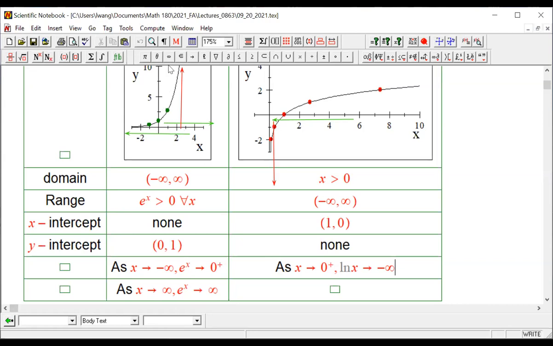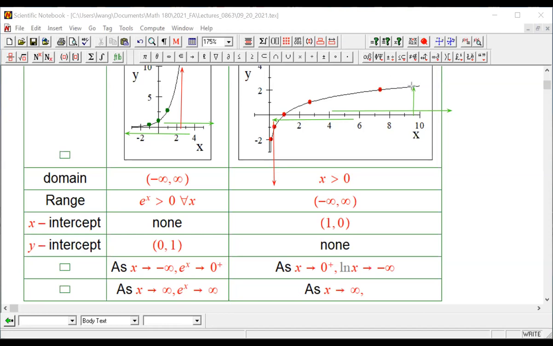And of course, as x approaches positive infinity, what happened to ln x? As x is getting larger and larger, the output is getting higher and higher yet.